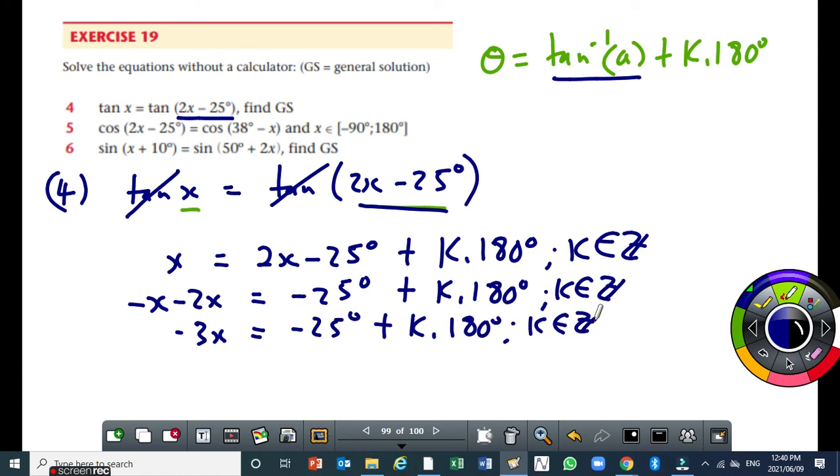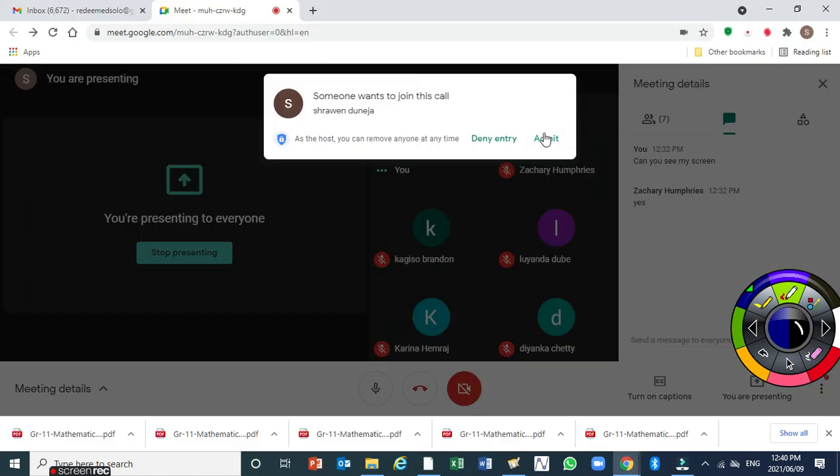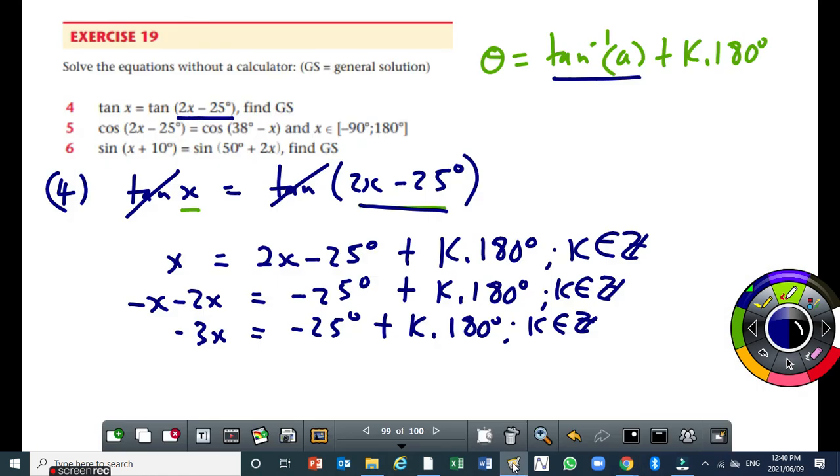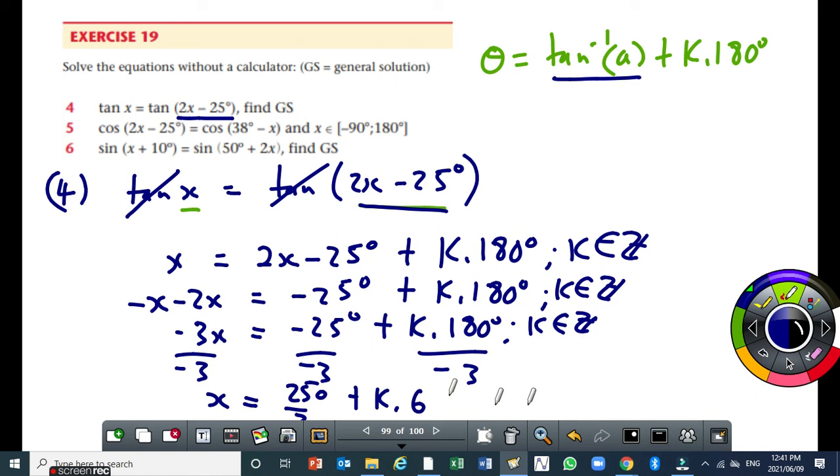Then from there, we divide both sides by minus 3. So you end up having x equal to 25 degrees over 3 plus k times 60 degrees, where k is an integer.